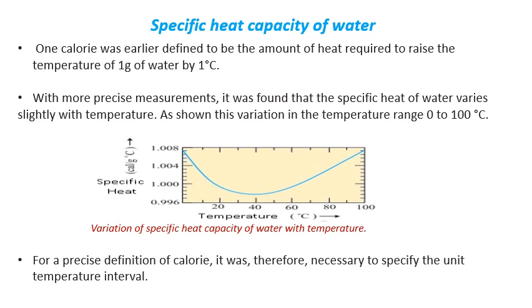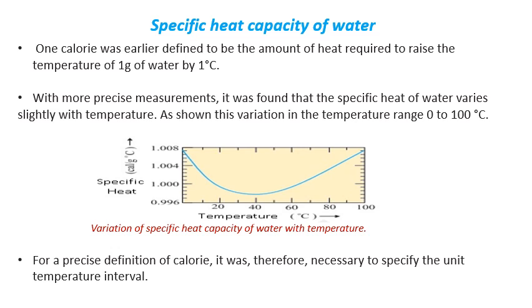Here is the specific heat capacity of water. Earlier, 1 calorie was defined to be the amount of heat required to raise the temperature of 1 gram of water by 1 degree Celsius. With more precise measurements, it was found that the specific heat of water varies slightly with temperature, and the variation is shown in the following graph.